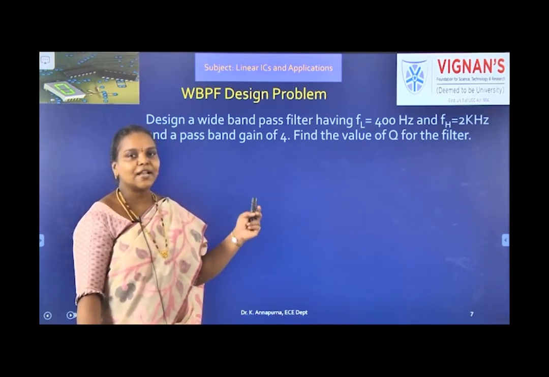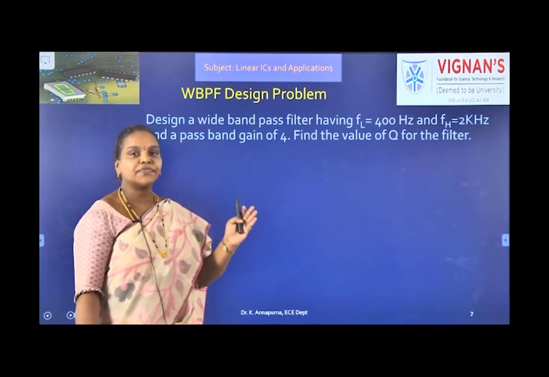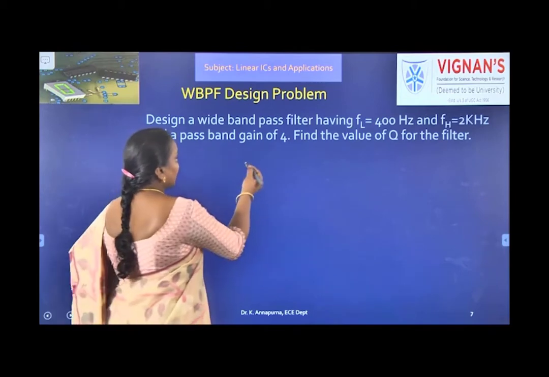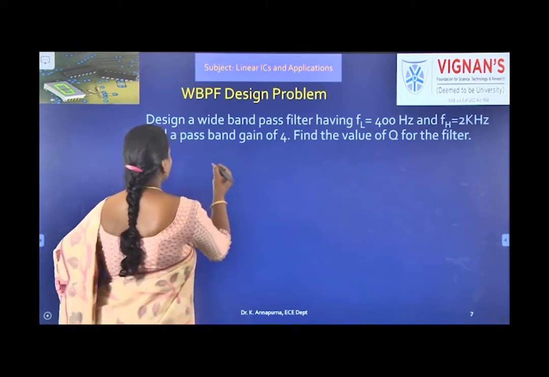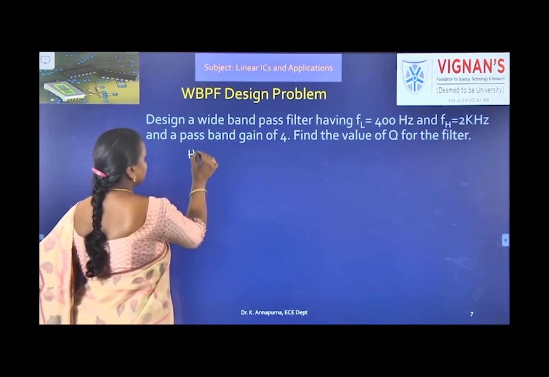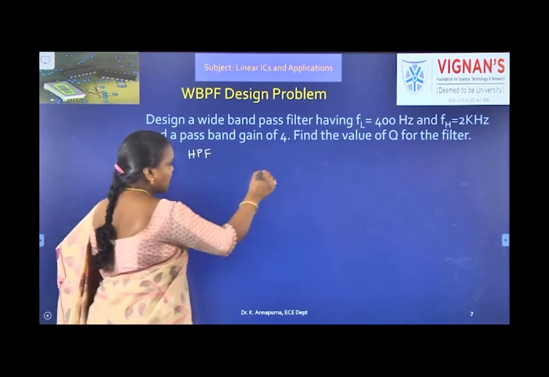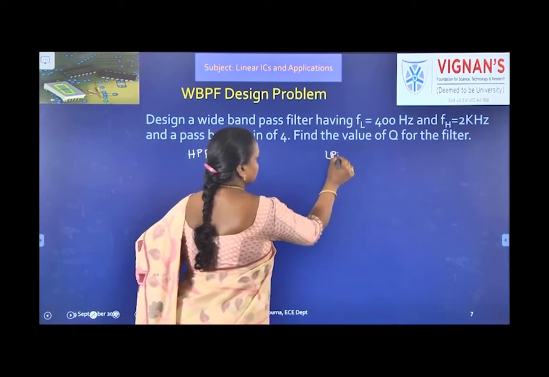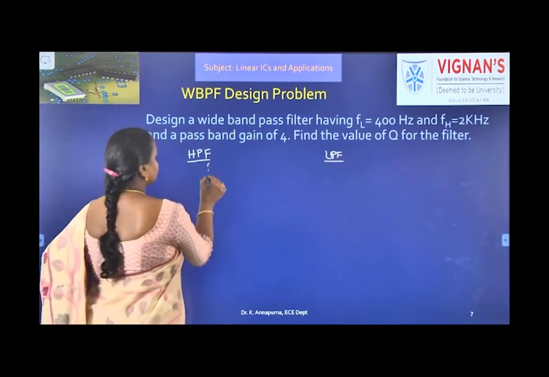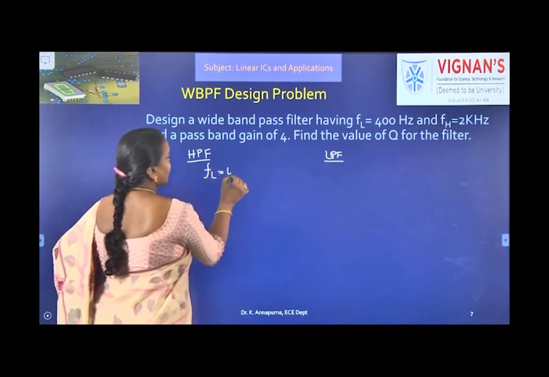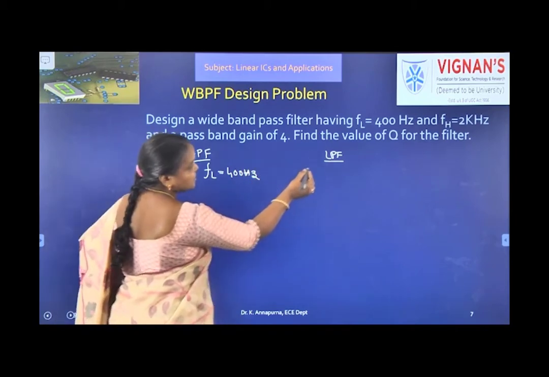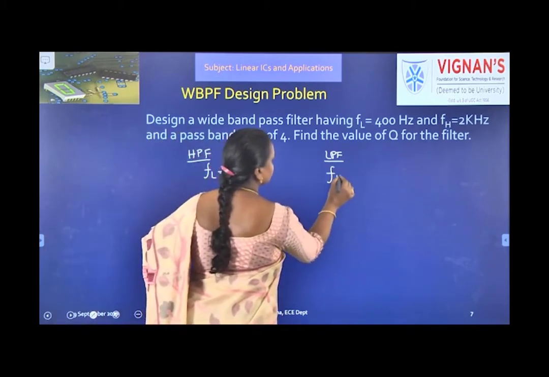Why it is mentioned like that means it is the least frequency passed by the high pass filter. So to design this band pass you need to design high pass filter as well as low pass filter, right? And high pass filter cutoff is 400 Hz and low pass filter cutoff is 2 kHz.